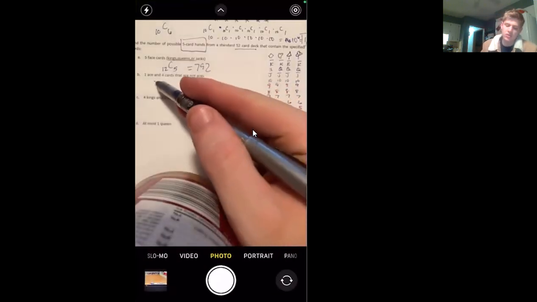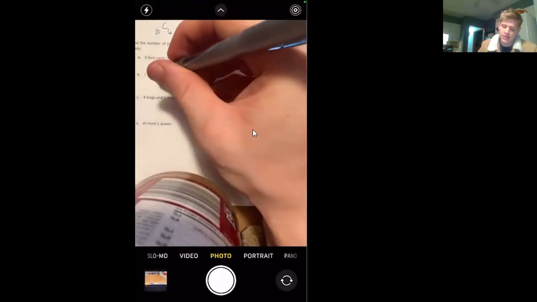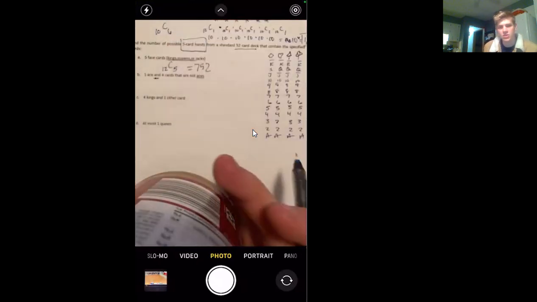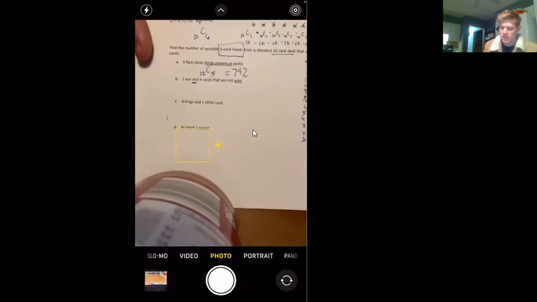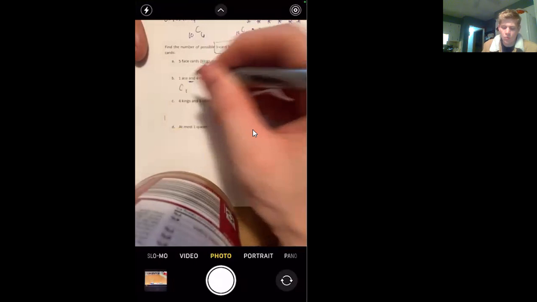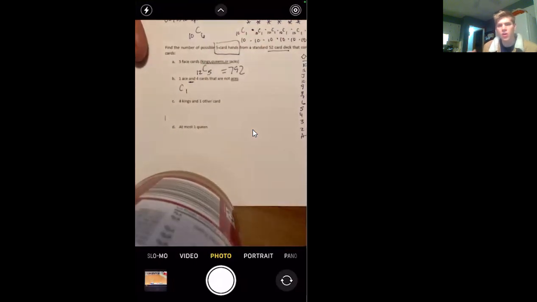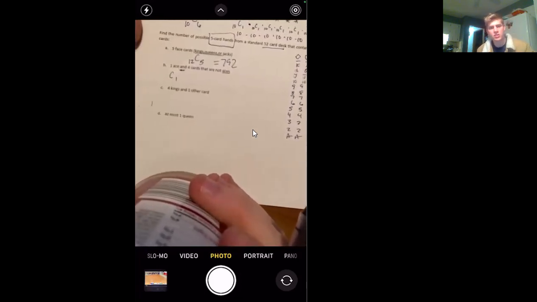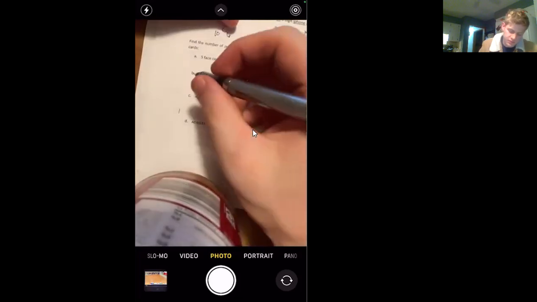Okay, now let's look at this one. 1 ace and 4 cards that are not aces. So if we're selecting 1 ace, that means we are choosing 1 card from how many different cards here? We got 52 cards.